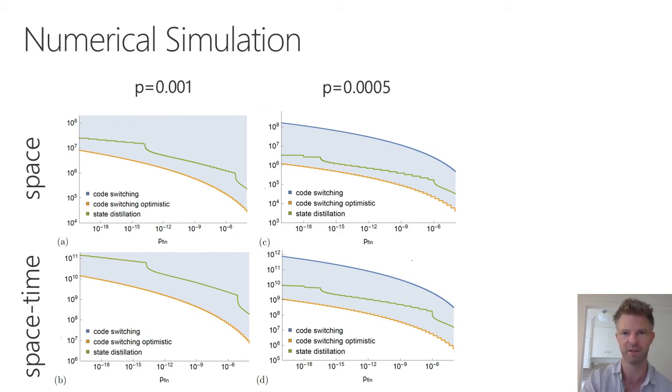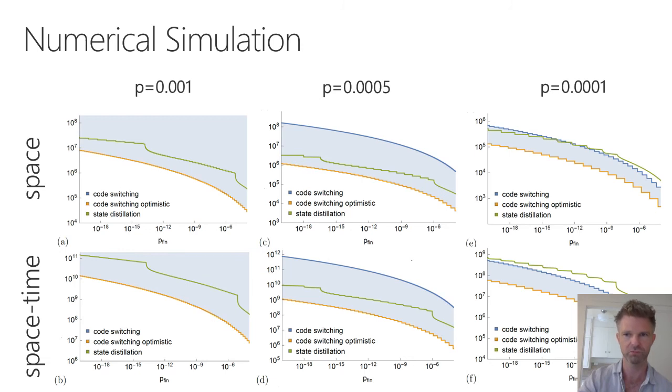And notice that the yellow line is slightly below the line for distillation, but not a whole lot. And also, we don't really believe that you could ever achieve everything being absolutely optimal.